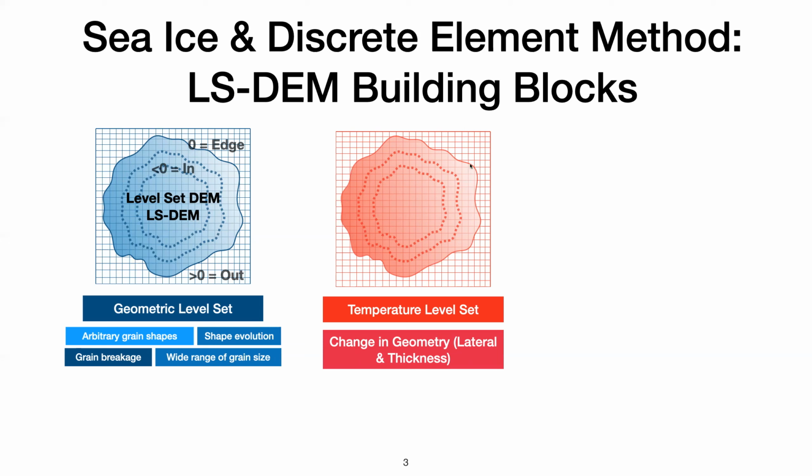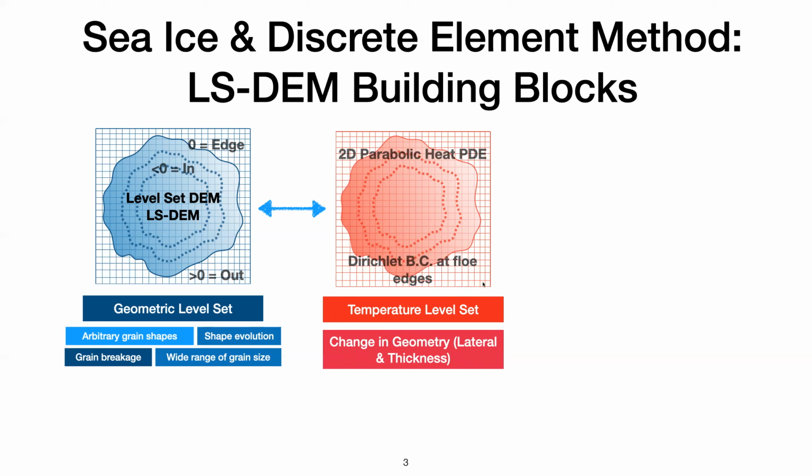So as we're applying melting, and this melting can progress through the boundaries of the level set, there's going to be a coupling between the geometry and the changes in temperature. And given that we have more space, we could even do the opposite and melt or increase the surface area. Or we could do the same thing for thickness.